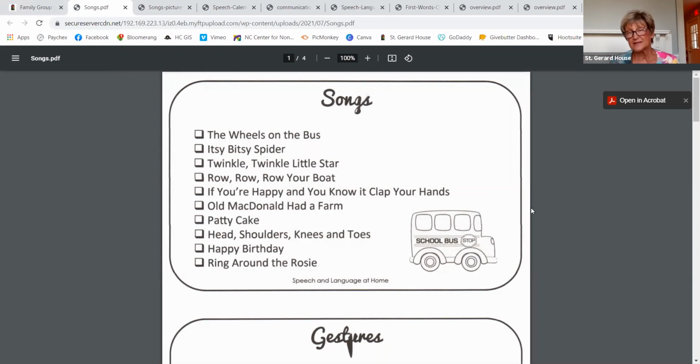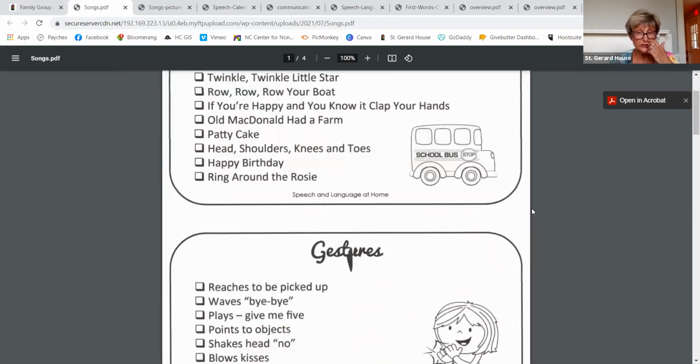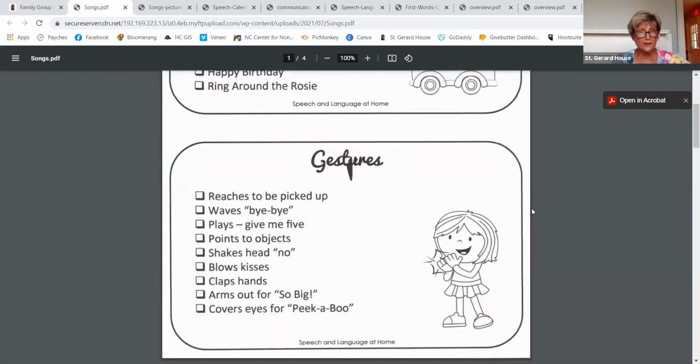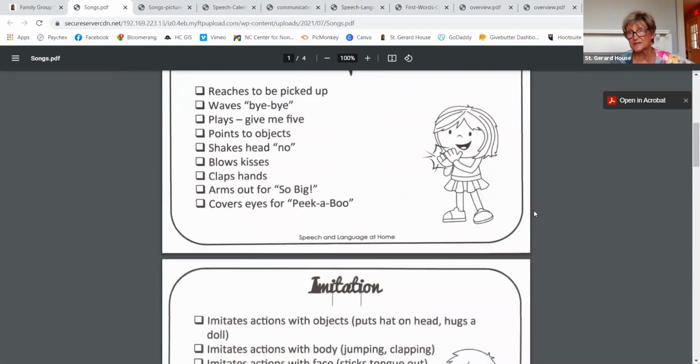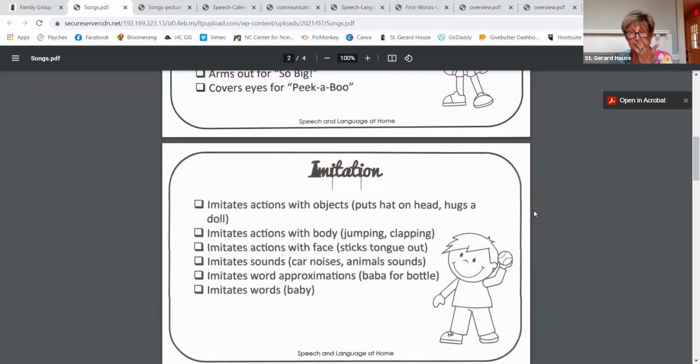In this packet, there's songs, there's gestures, there's a variety of different little cards that give you some ideas of things to do for all sorts of easy skills for the kids.